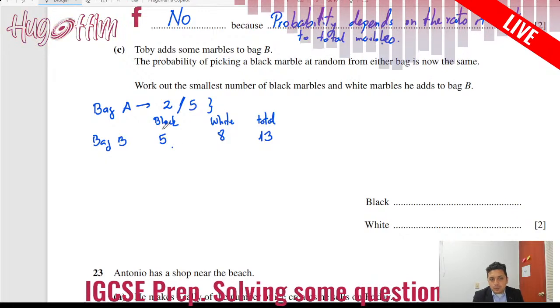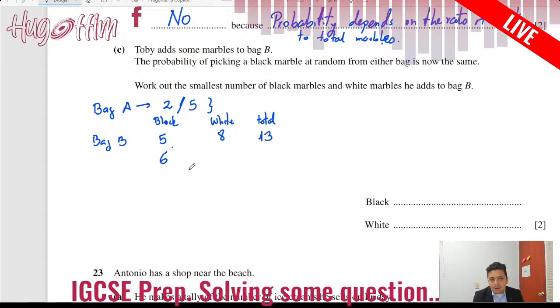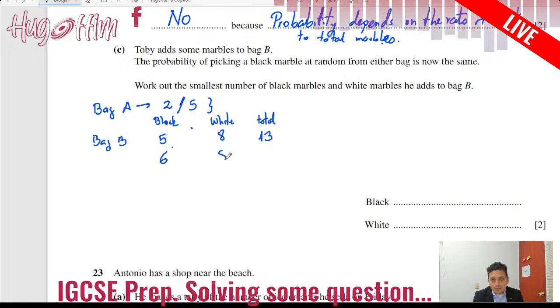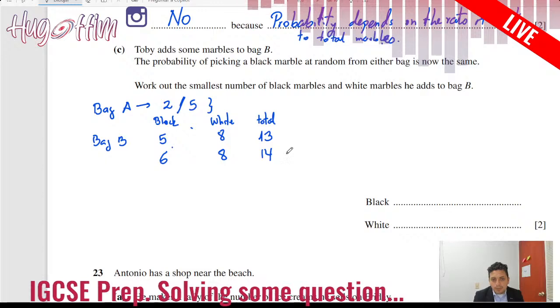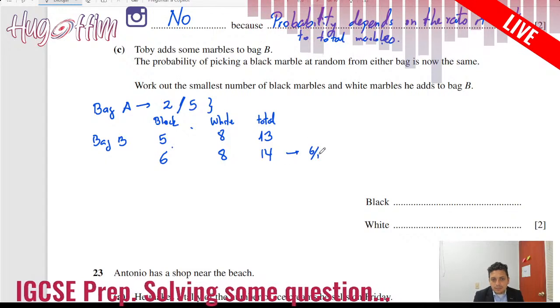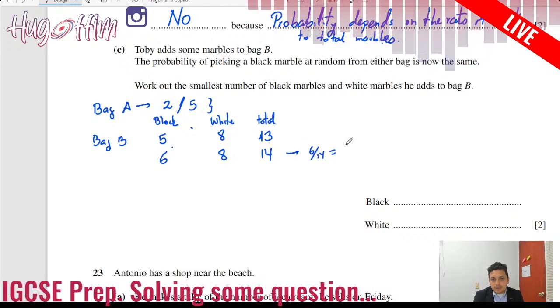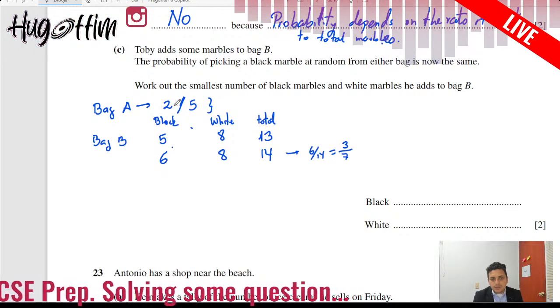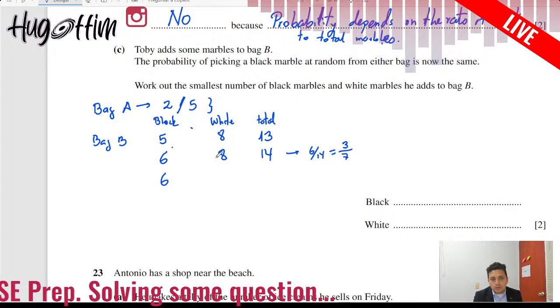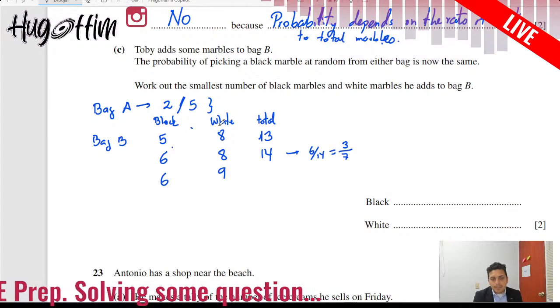Look at that. If I put in 1 black marble, I'm going to get 6 over 14. So the new probability will be 6/14, which in simplest terms is 3/7. So it's not 2/5. Now I'm going to include 1 white marble.